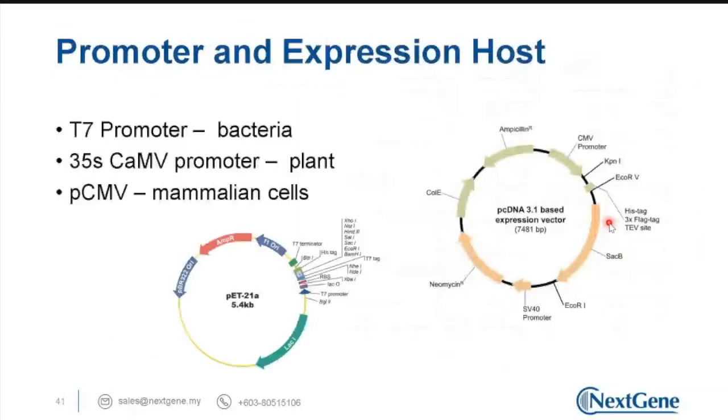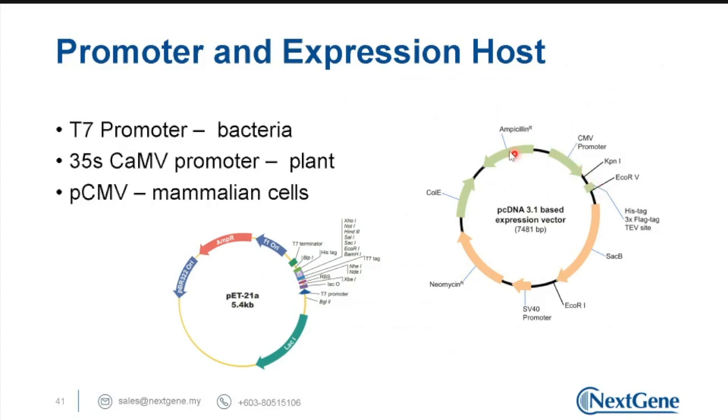The different plasmids use different promoters. We have the T7 promoter in the pET or bacterial expression plasmid, which works together with the host cell, the bacteria E. coli. For mammalian cell, let's say in the pcDNA 3.1, we are using the cytomegalovirus CMV promoter, which gives a high expression.